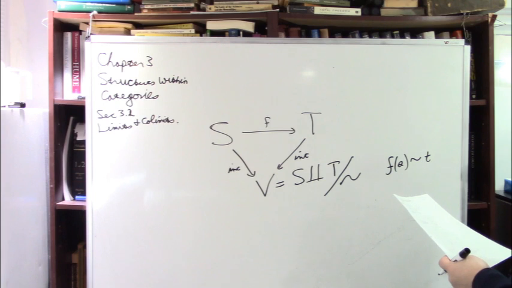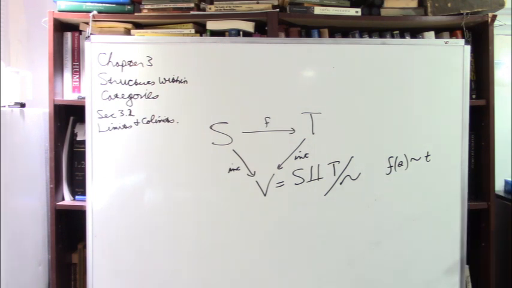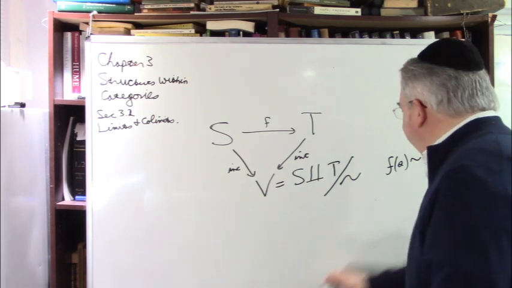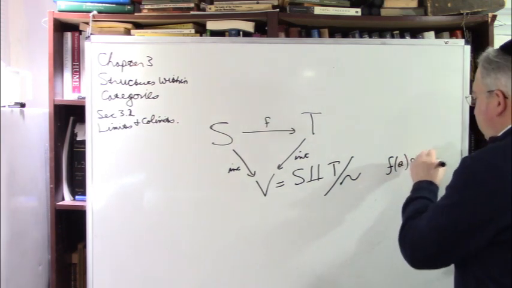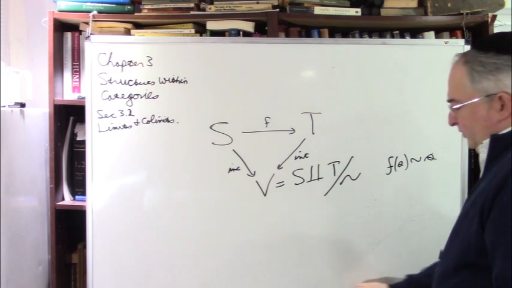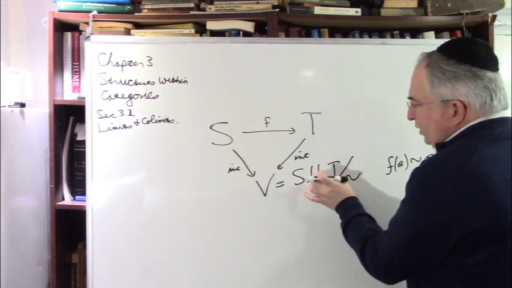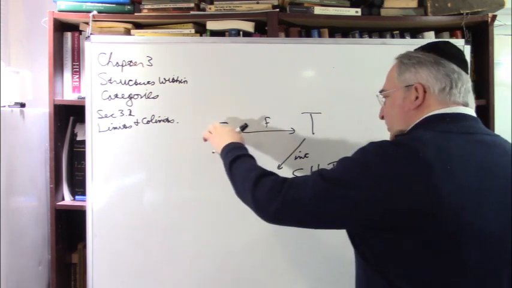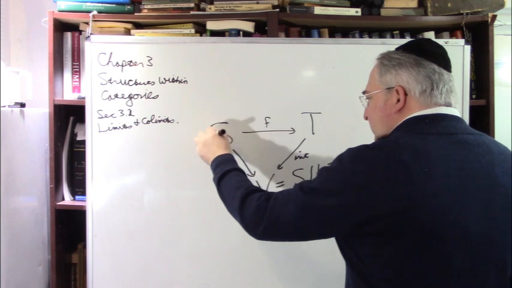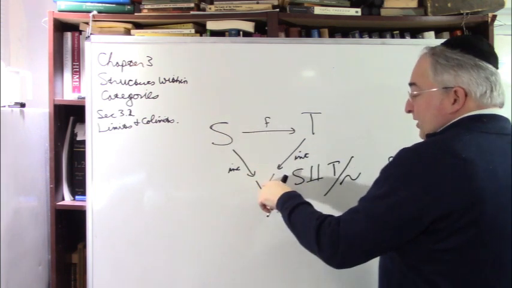No, sorry. F of s is equivalent to little s. So what you're doing is you're crunching the source and target. Basically, let's go through that. Little s here is going to go to that thing.